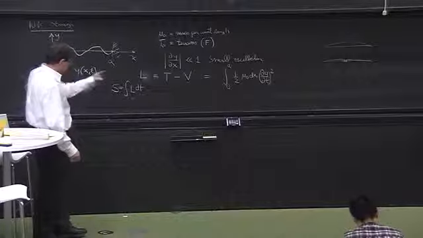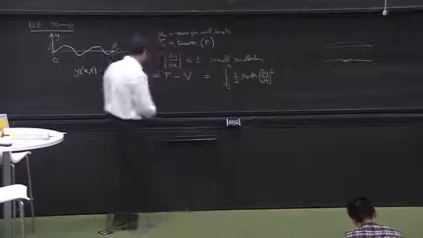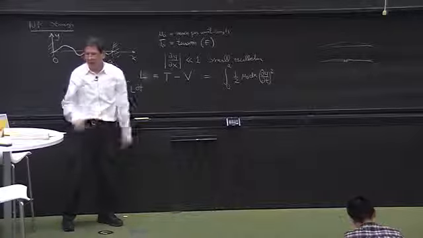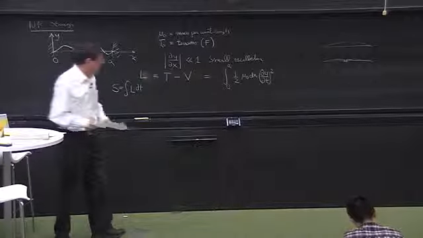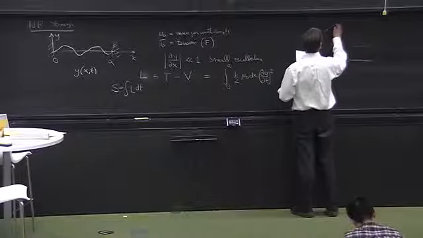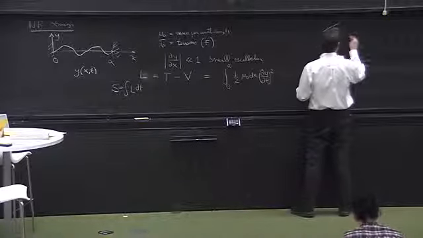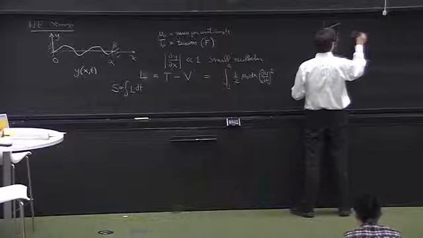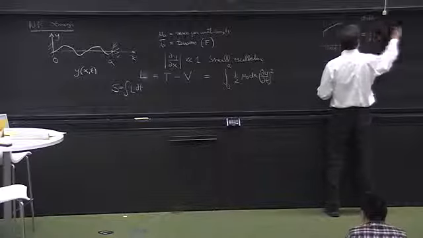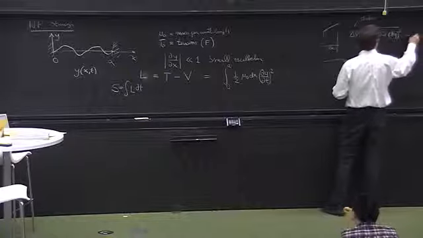Now, what is the potential energy? The potential energy takes a little more work because it is a result of the stretching of each little piece of string. So what is the stretching of a little piece of string? If you have a little piece of string here, with dx and dy, the stretching, delta L, is the square root of dx squared plus dy squared minus dx.